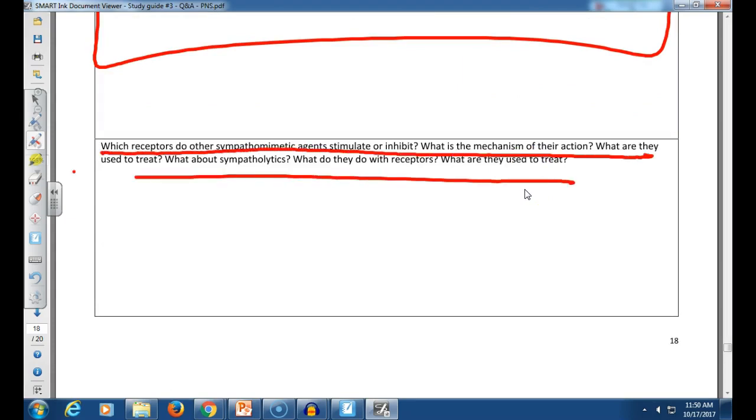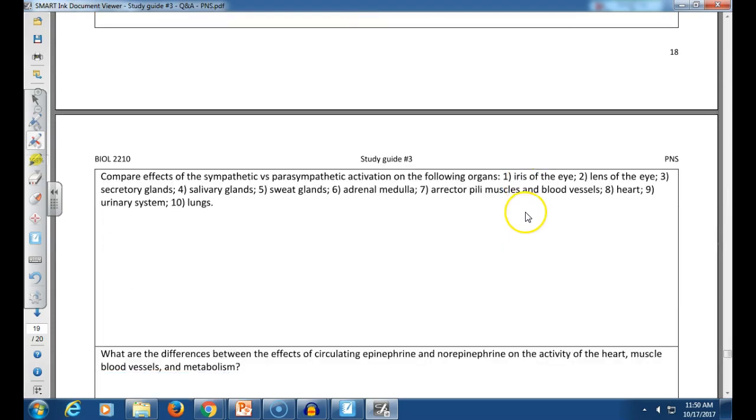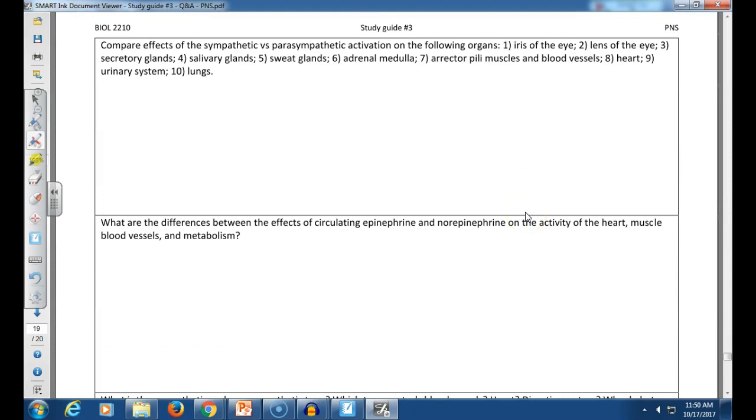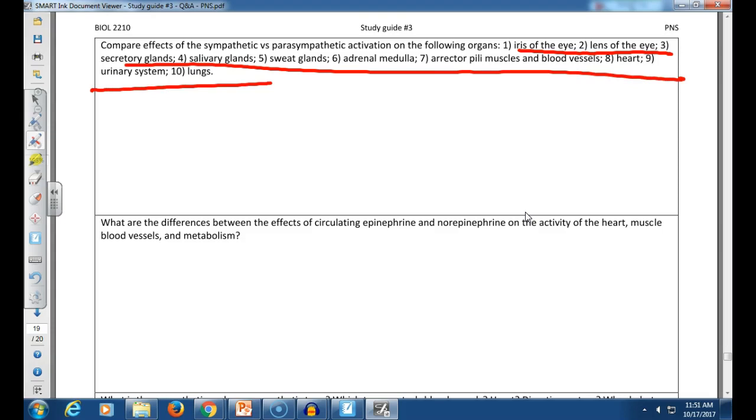I'm not going to ask you, is albuterol parasympathomimetic, parasympatholytic, sympathomimetic, or sympatholytic? I don't care. But if I tell you how to dilate bronchioles, okay, you have to think, what are you going to use? This is the list that you have to know on the effects.